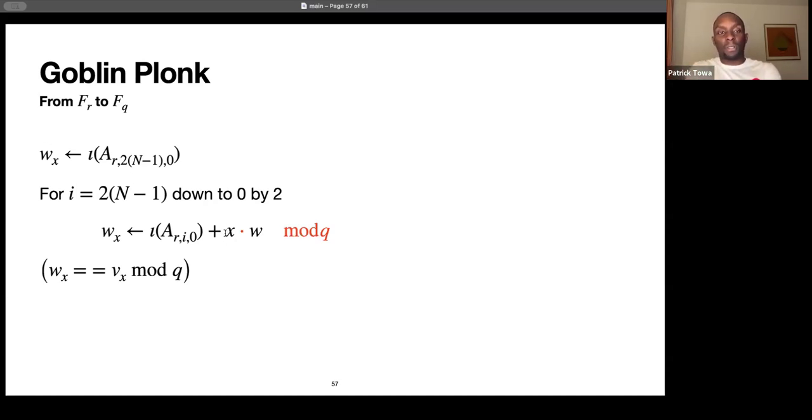You multiply what you had; so yes, it should be W here, WX. You multiply whatever you have here by X, and then you update your record. You're doing this multiplication mod Q, and at the end you check if the output of this in FR is really the claim output that you had in FQ.